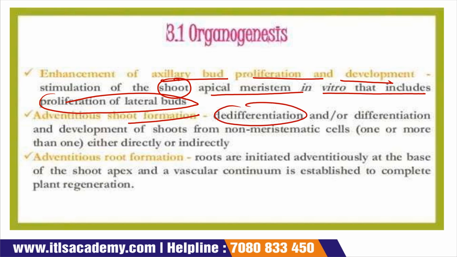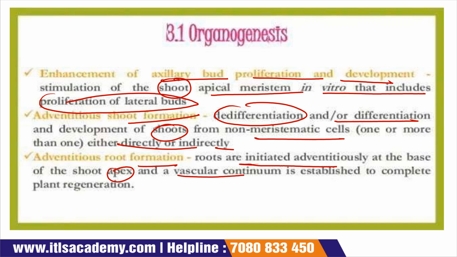There is dedifferentiation or differentiation and development of the shoot from non-meristem tissue, either directly or indirectly. Now the last one is adventitious root formation. There is the initiation of roots adventitiously at the base of the shoot apex, and a vascular continuum is established which completes plant regeneration.